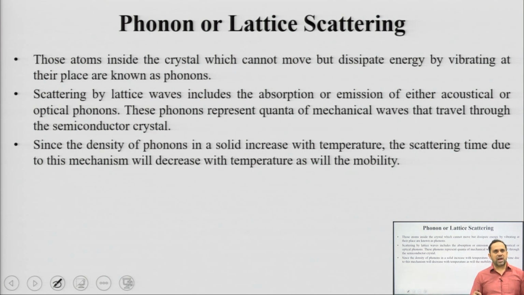But these atoms or ions, being heavy to move, do not produce transport. So, they dissipate this extra energy via vibrations inside the lattice structure. These vibrating atoms inside a lattice are what is known as phonons. And when an electron hits these vibrating atoms or phonons, it gets scattered, and this mechanism is known as phonon scattering.